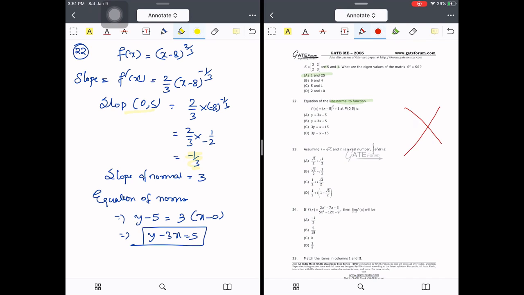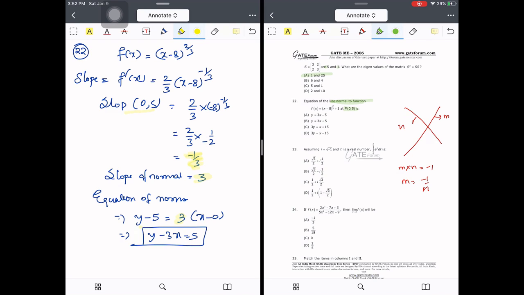Now we have to find the normal to the function, right? If two lines are perpendicular to each other, suppose this has a slope m and this has a slope n, so m into n is equal to minus 1. That means m is equal to minus 1 by n. So this has a slope of minus 1 by 3, and the slope of the normal will be minus of 1 divided by minus 1 by 3, that is equal to 3.